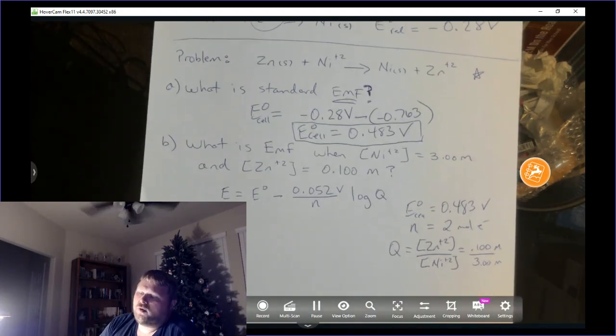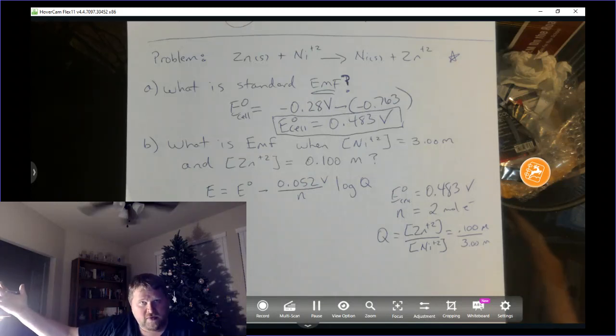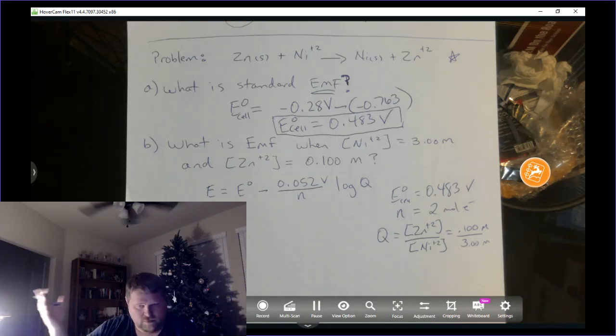So in essence, what we're doing here, if we have non-standard conditions, is introducing another driving force to this reaction. The original driving force is just the motion of electrons toward the more electronegative electrode compartment. So it's just an electron gradient, a potential gradient.